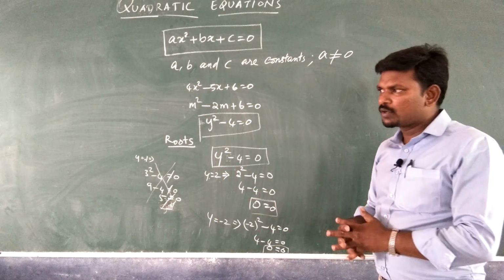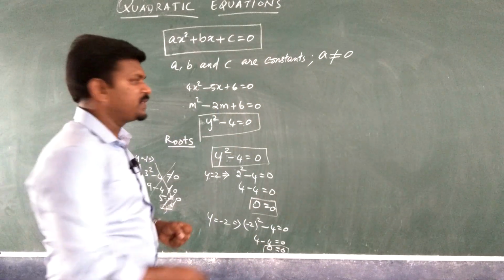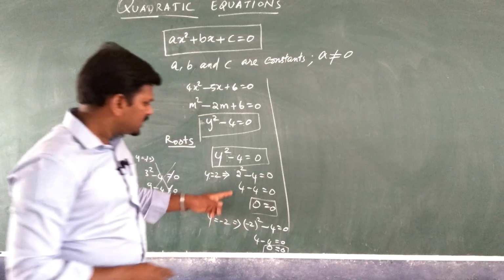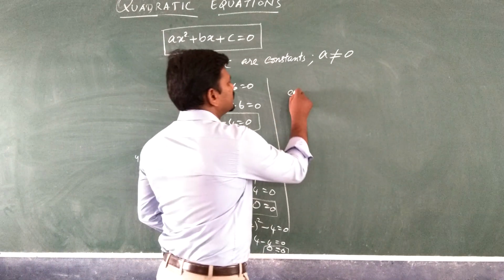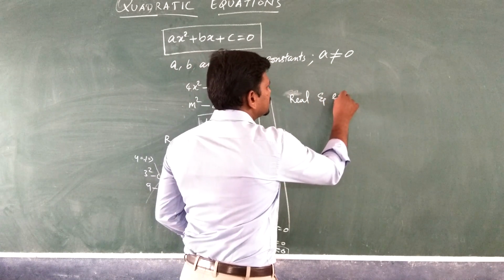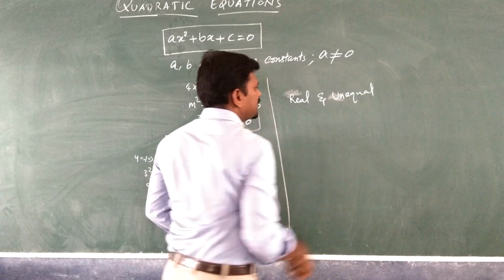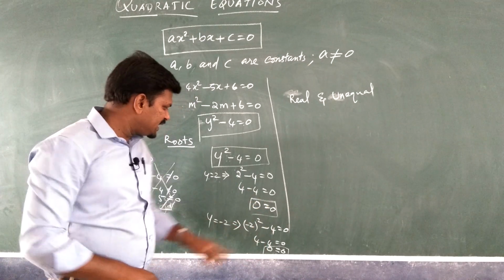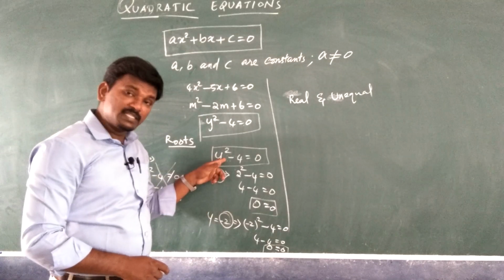So when we think about the roots, three types of roots may be there for a quadratic equation. So here these two numbers are different: real and unequal. Here these two numbers are real numbers, but they are not equal. 2 and minus 2 are the two roots of this equation.